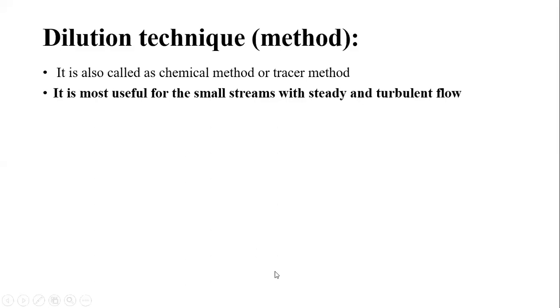Suppose that this is our river stretch we will consider, and we have considered two sections, section 1-1 and section 2-2. So this will be our section 1, and this is our section 2.